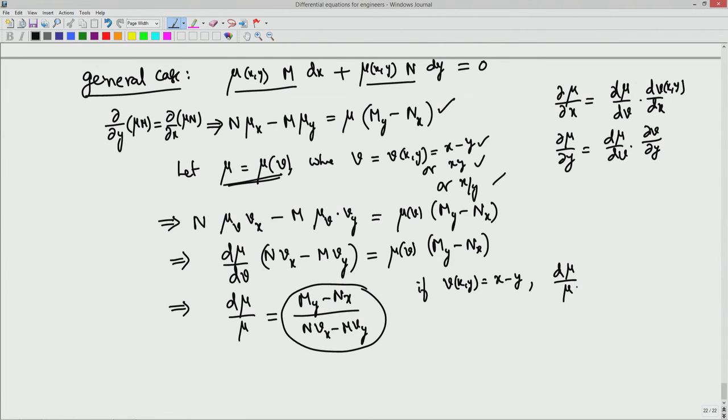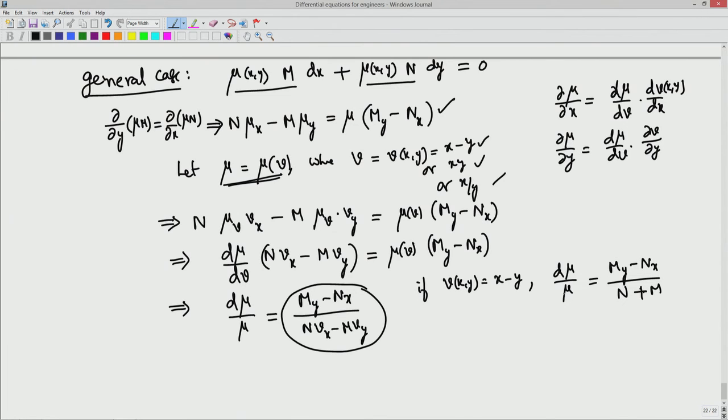Okay. Equal to, now you see, my minus nx divided by n vx. What is vx? 1. Now m into vy is minus 1, so that makes it plus. So this is what you have.